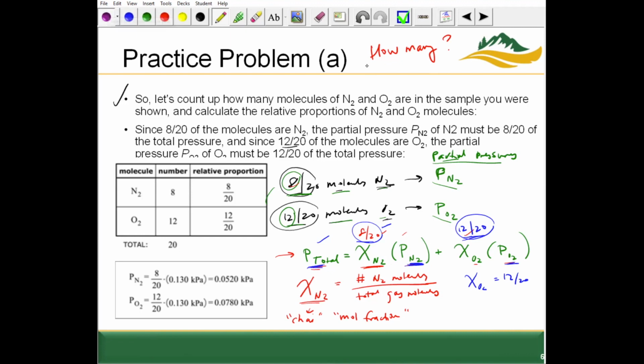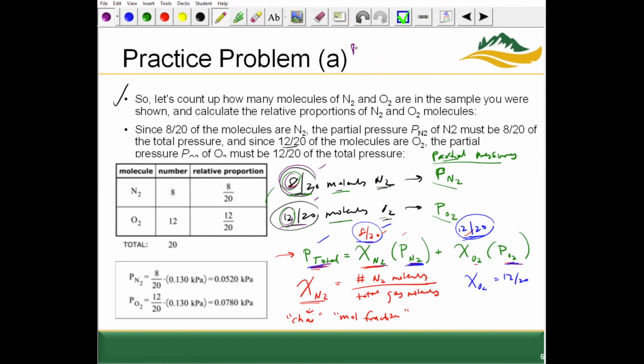So remember, we're always going to ask how many to figure out the portion of N2 out of the total gas molecules present. How many of O2 then are present out of the total gas molecules? Based on how many are present, that tells us the fraction of this total pressure that's contributed by N2. So 12/20ths of the total pressure is contributed by O2.